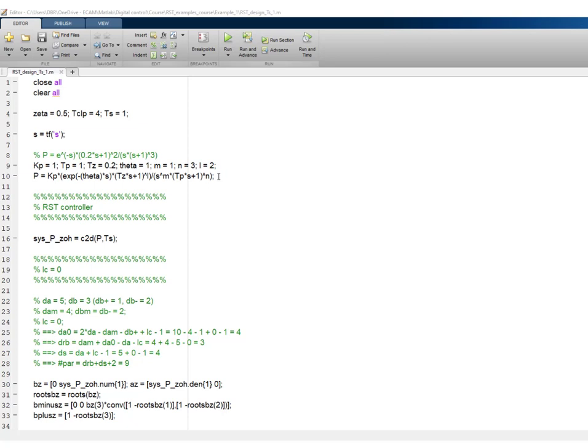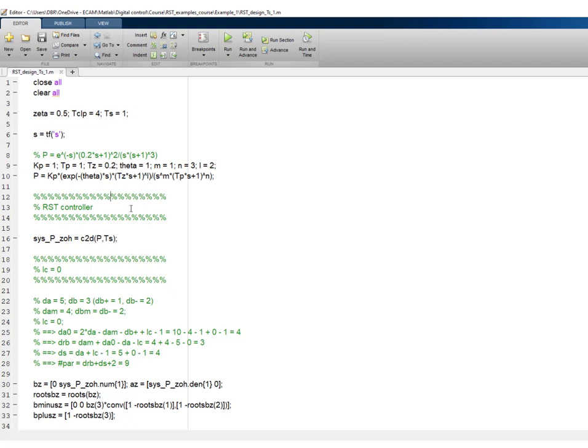The process is encoded over here. We use the s variable, and everything is made parameterizable, but it is indeed this process that is used. Here are the specifications, in terms of the closed loop time constant. If you multiply this by 5, you see indeed that the settling time is 20 seconds.